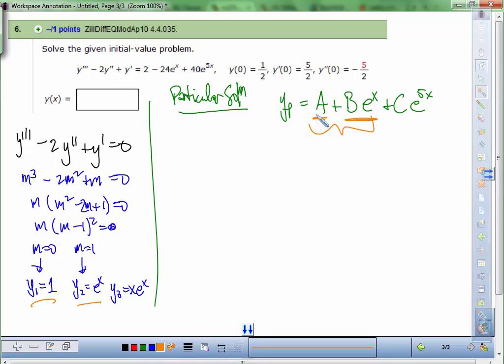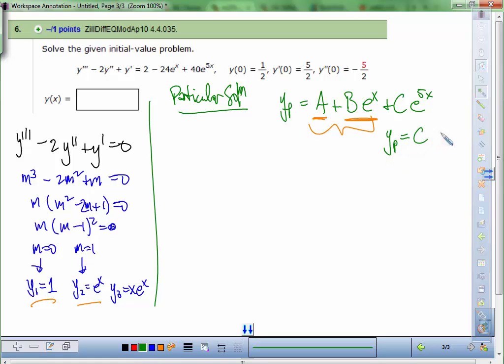Whatever we get for A, if we get A equal to 5, that will just merge in with the y1 when we plug in our initial conditions. Same thing with B. If B was equal to 5, this will merge in with the c2 when we come up with our initial conditions. So let's assume that this is going to be the case, and let's see what happens.